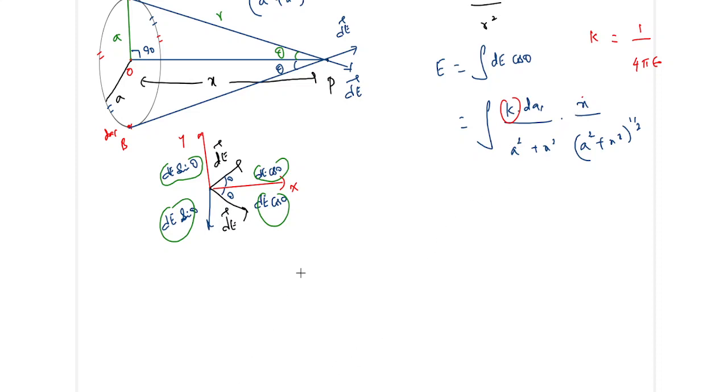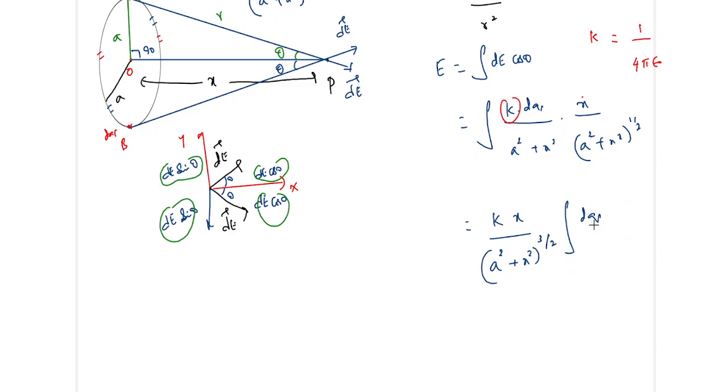So what remains would be k comes out, x comes out, and here it will be (a square plus x square) power 3 by 2 into integral of dq. Now this basically means adding all the small elements.